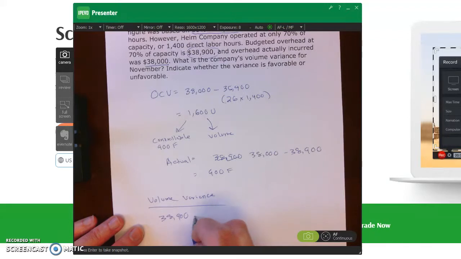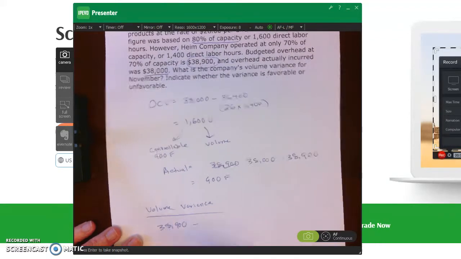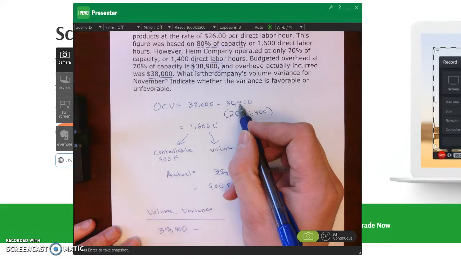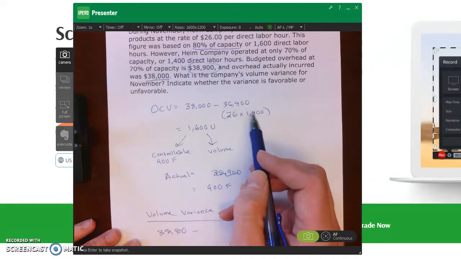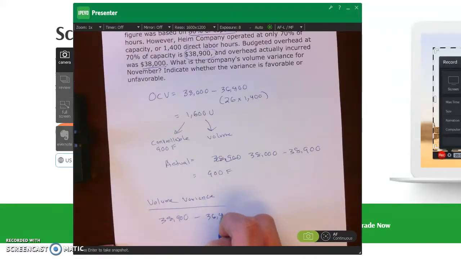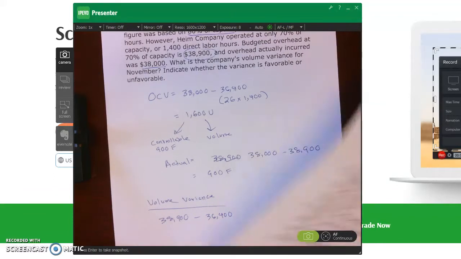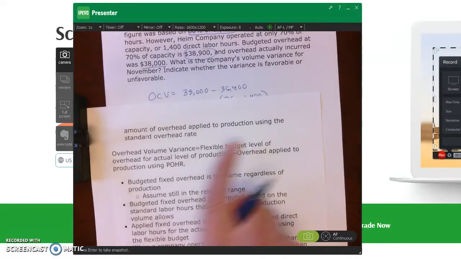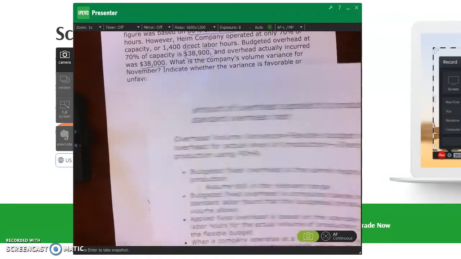Now, how much overhead did they actually apply during the accounting period? Well, they applied 36,400. Remember that? Because they had $26 per labor hour times the 1,400 hours. That gives us 36,400. So if you look back at the formula, the flexible budget level of overhead for the actual level of production is given to us at 38,900.